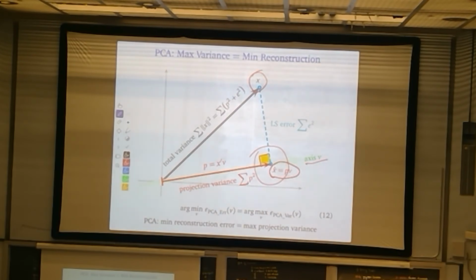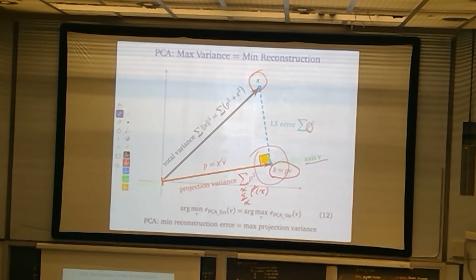The difference between the original and the reconstruction is this error E. If I use the least square error, it's the sum over E squared. So my criterion is summing all the projection variance, P squared, over all the instances. I'm summing over P because each P is a function of the original X, okay?